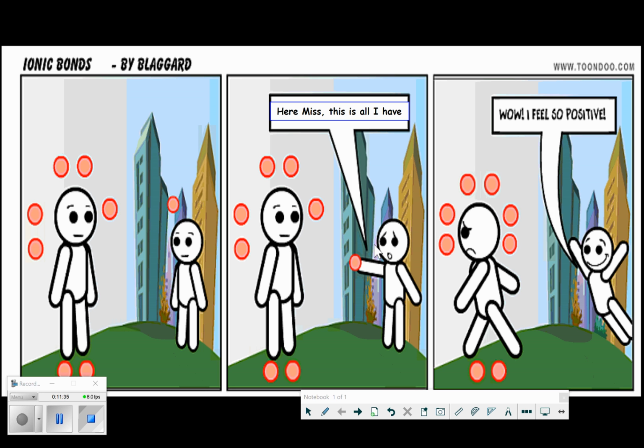His valence shell is full, and that fills this one's valence shell. This one is going to become a positive because it gave away an electron. This one is going to become a negative because it stole an electron. And then they are going to become magnetically attracted to each other because they have opposite charges.